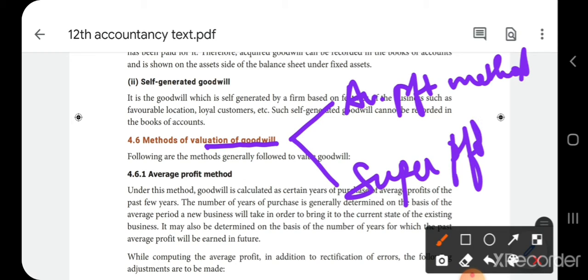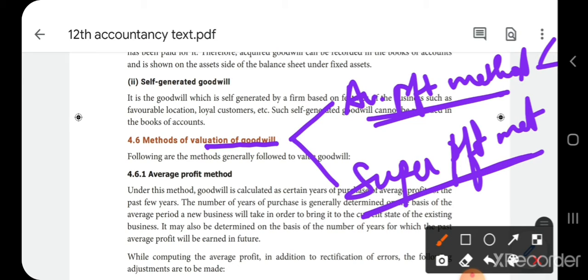Now under this average profit method, you have two formulas: simple average profit method and weighted average profit method. Under the super profit method there are three types: purchase of super profit method, annuity method, and capitalization of super profit method.